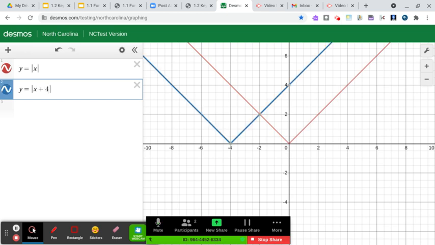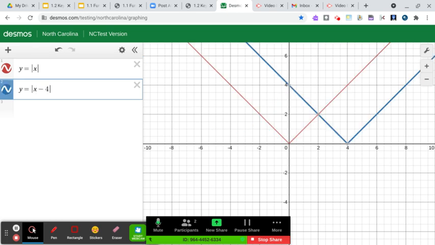See how it goes to the left? Okay, and then if I did -4, see how it goes to the right? Yeah. And then if I did it on the outside, did +4, where does it move? Vertically. Vertically up. Perfect.